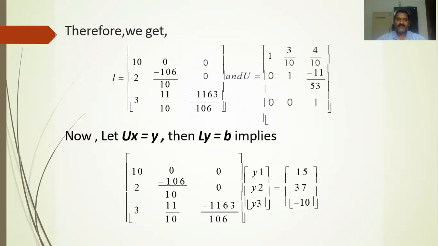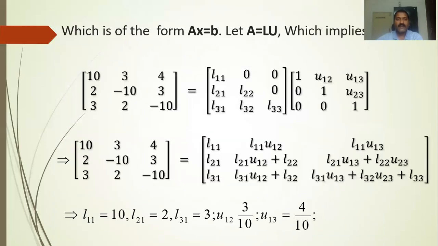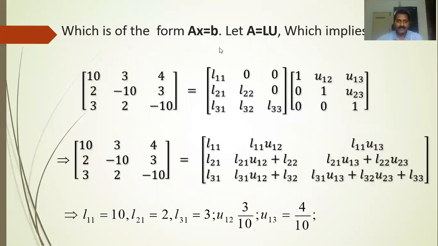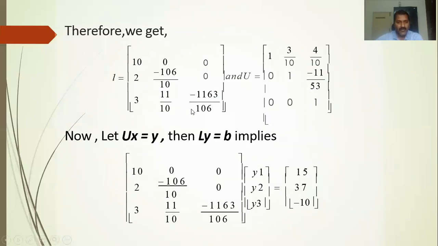Now, to solve that system, we know this system is nothing but AX equal to B, where A is written as L into U. So this becomes LUX equal to B. Now we take UX equal to Y. Then LY becomes B. So let's take this L and plug in here Y, where if X is X1, X2, X3, then Y is Y1, Y2, Y3.